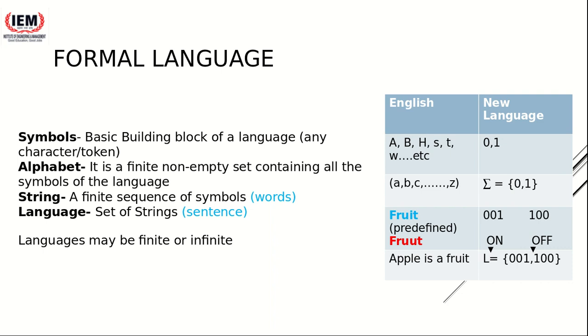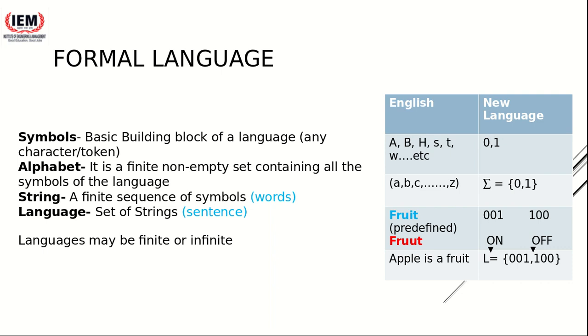You might say it's written in the Oxford dictionary that the correct spelling of fruit is F-R-U-I-T, and that is what you have learned from your childhood days. Basically it's predefined. There is no rule or law, but it's predefined that this is the correct spelling for fruit. And fruit is something that we eat. There are different kinds of fruits and so on. So the meaning, the value associated with fruit, the correct representation of fruit, all these are predefined.